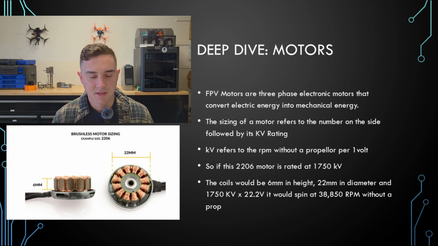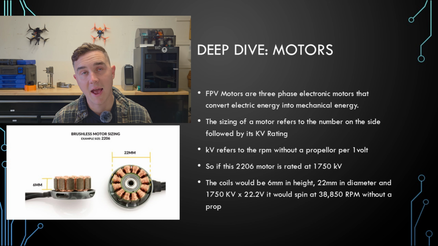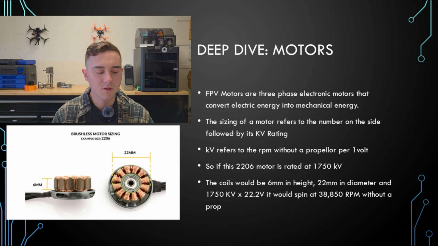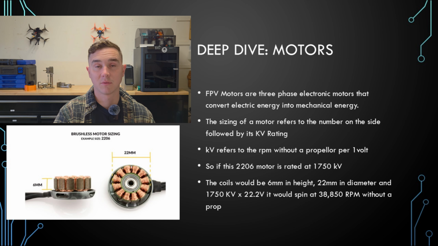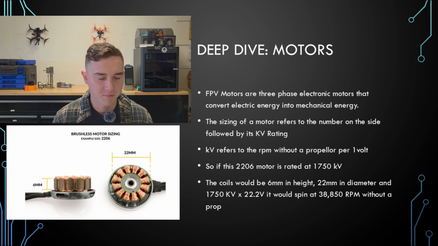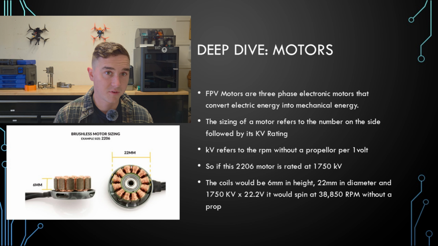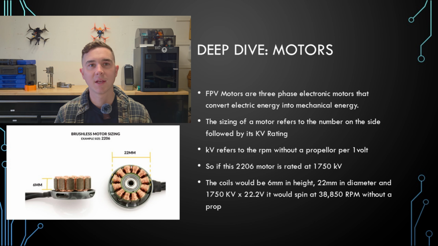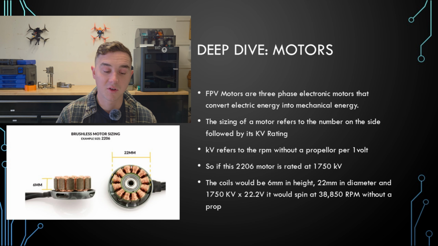What that means is at a certain voltage, you get a certain RPM. It's a 3-phase motor. For example, on the screen, you have a 1750 kV motor and 22.2 volts. At 1750 kV and 22.2 volts, you're going to have 38,850 RPM.